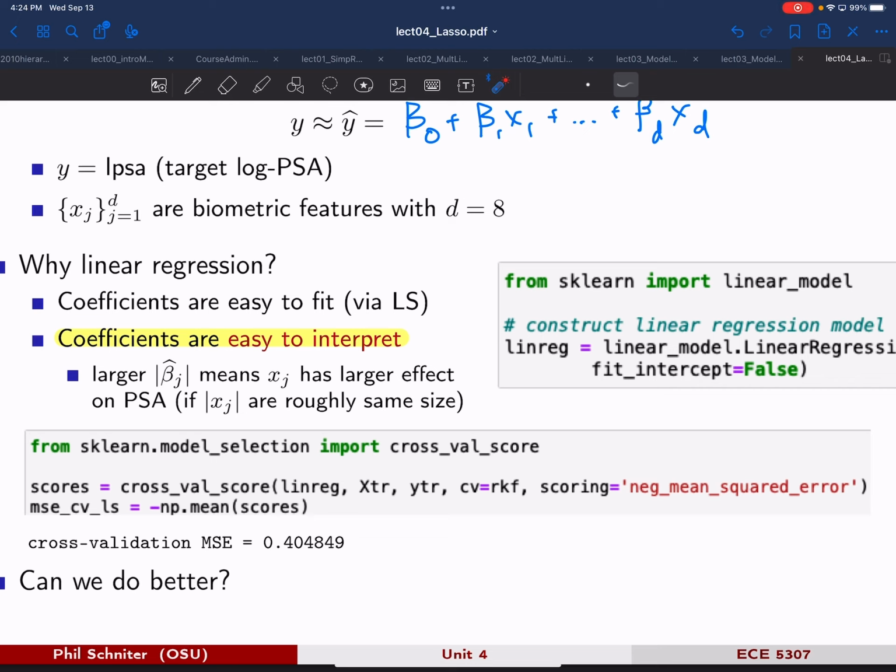Now you take the mean of that, or negative, to counteract this negative here, and you finally get your cross-val version of your mean squared error for this least squares method. It turns out that this mean squared error is 0.404, and this is just going to be a reference for us. We'll try to do better with other methods in the future.